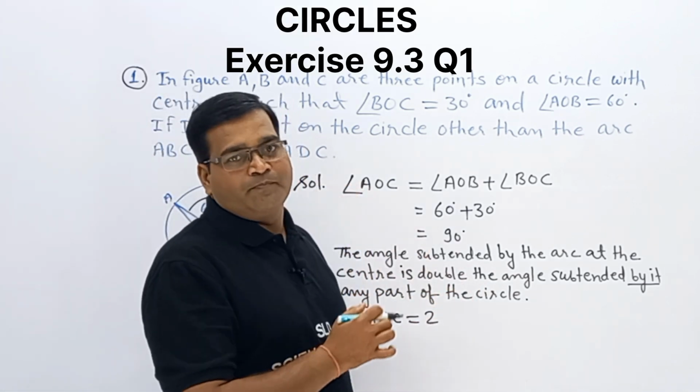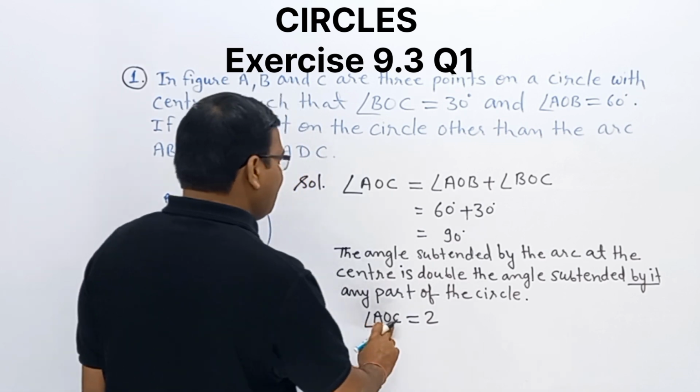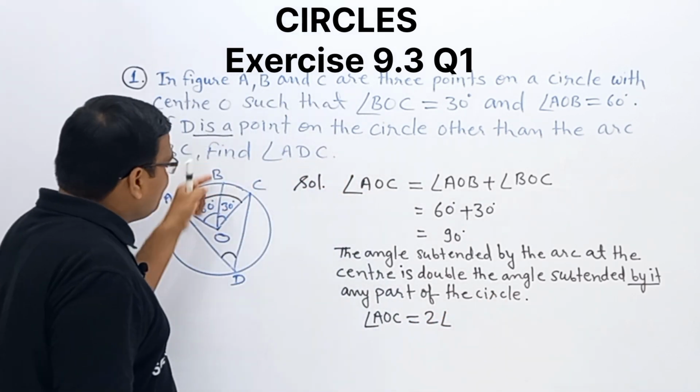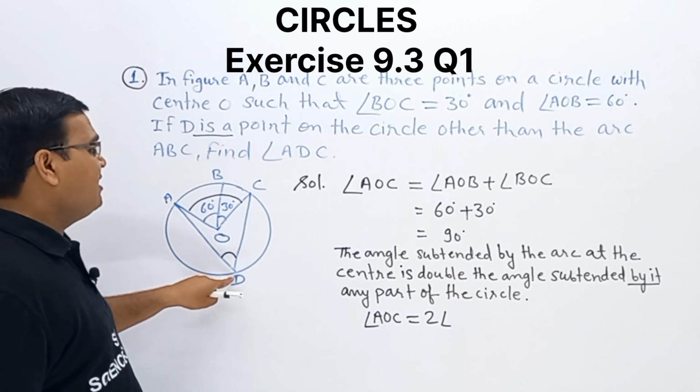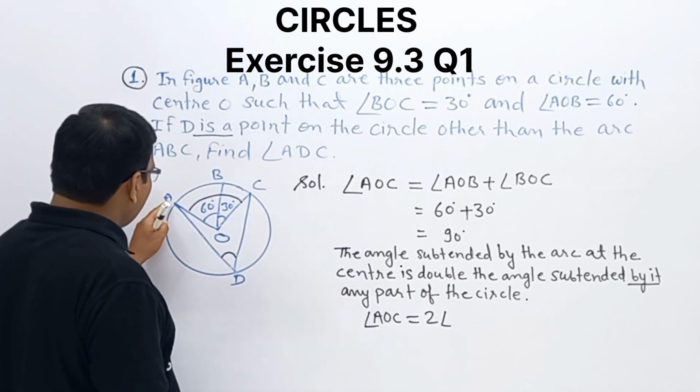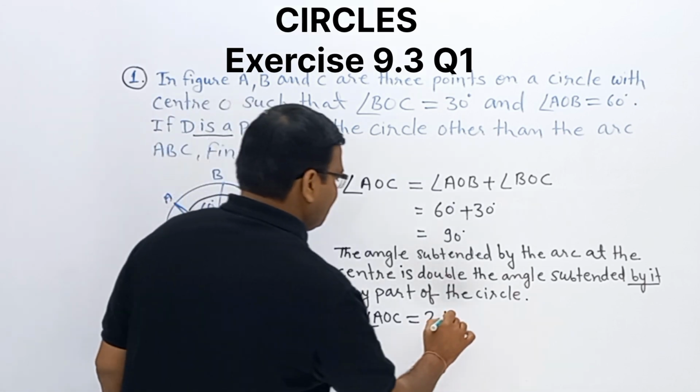This is the theorem given in our syllabus. Angle AOC is 2 times the angle subtended by this arc at any part of the circle. Any part of the circle means ADC.